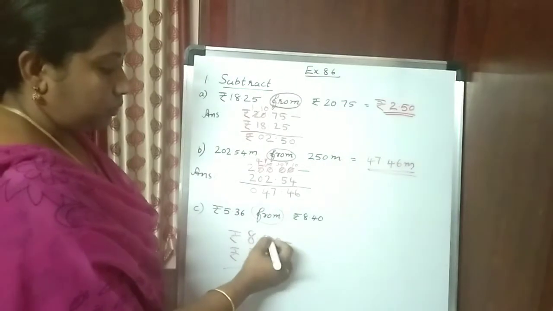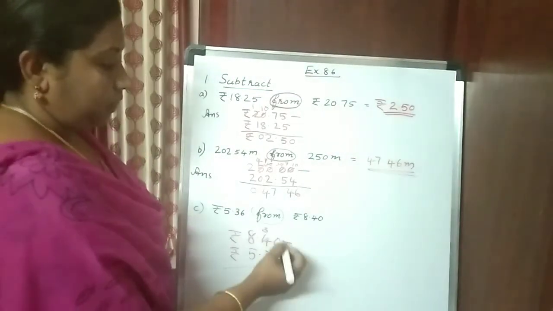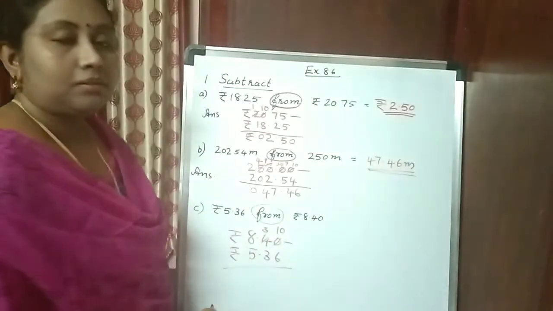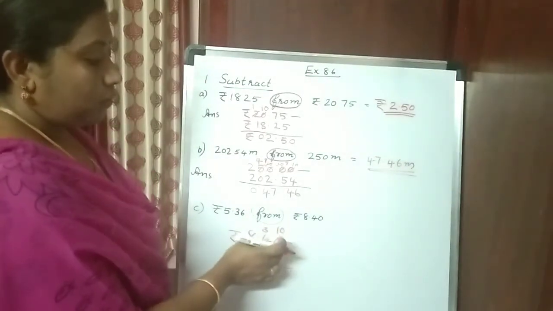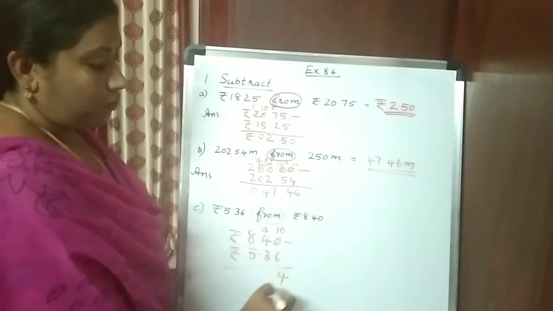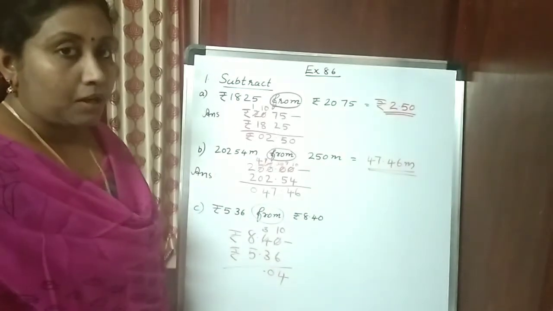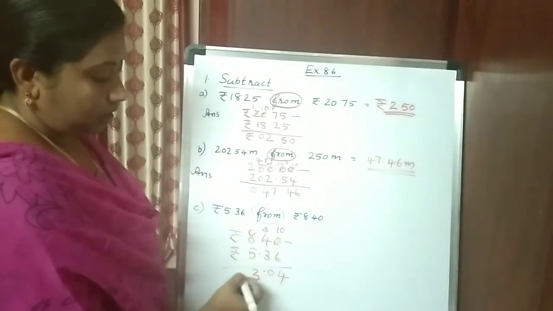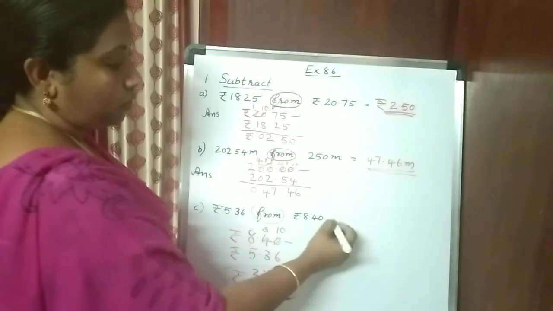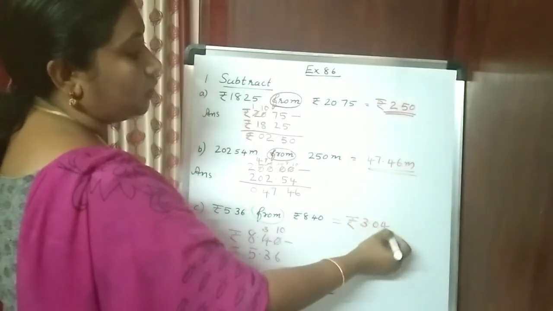Not possible. So you borrow. This 4 becomes 3 and this 0 becomes 10. Then 10 minus 6 is what? 4. 3 minus 3 is 0. Then 8 minus 5 is 3. Then you put the rupee symbol also. What is your answer? Rupees 3.04.